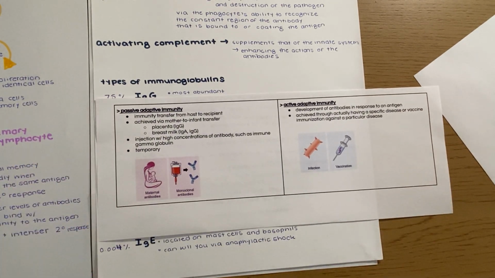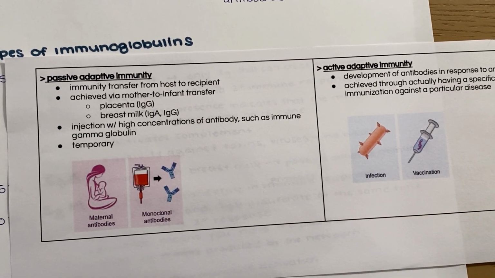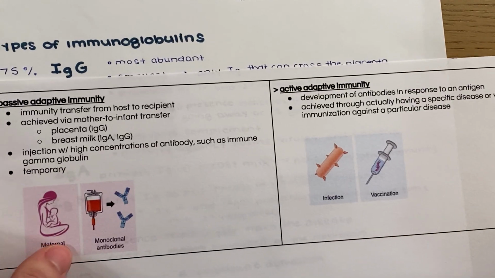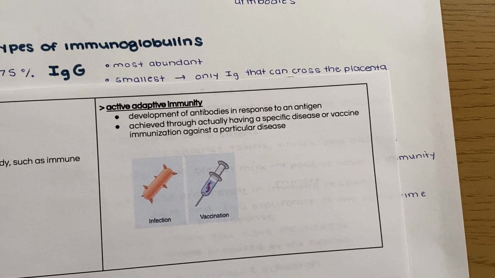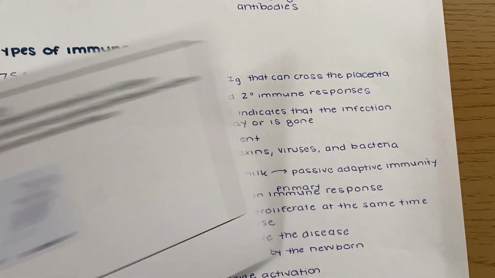Passive adaptive immunity is when preformed antibodies are passed to a person, but no actual immune response was created. Active adaptive immunity is when your body is presented with the antigen or the pathogen in the form of real infection or vaccine.